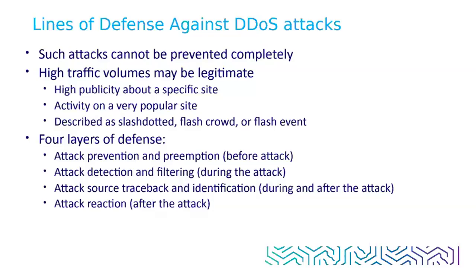Therefore, organizations adopt a layered defense strategy consisting of attack prevention and preemption before an attack, attack detection and filtering during the attack, attack source traceback and identification during and after the attack, and attack reaction after the incident to restore the services and strengthen future defenses.